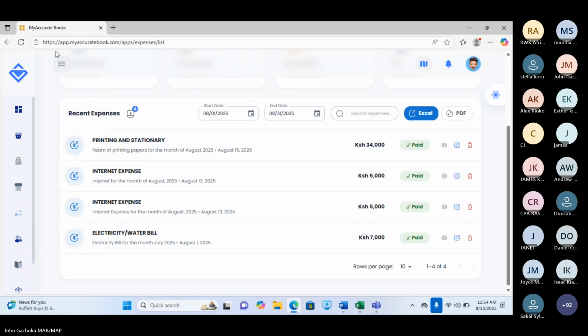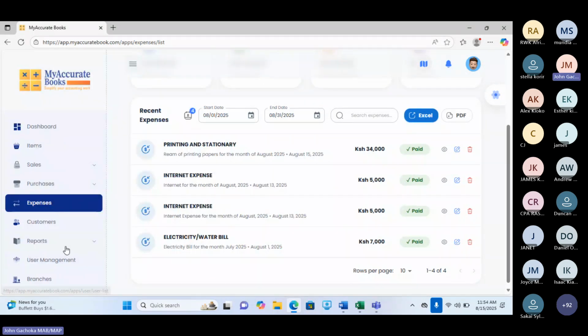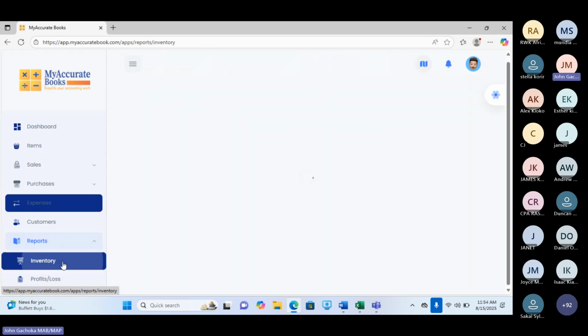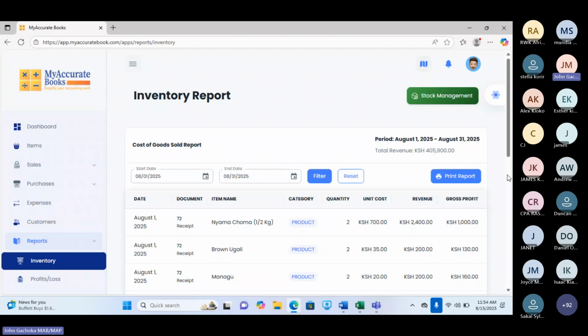Lastly, with reports, as I had mentioned, you are able to see your inventory, and you can print out this report or download it in PDF. There are two options. For example, if you say, I want to print this, and you can filter specific dates.